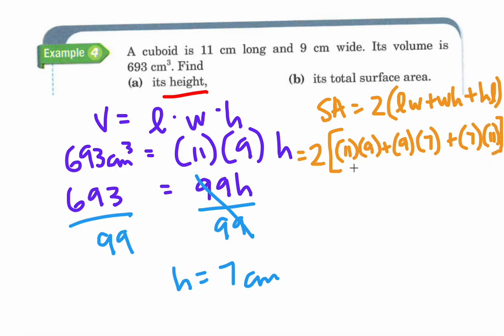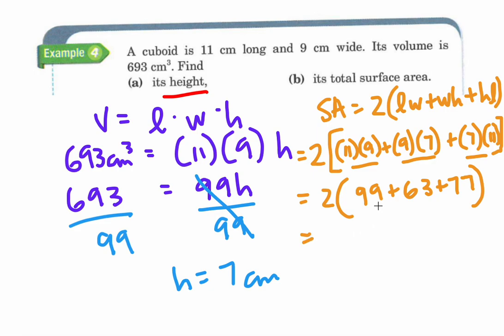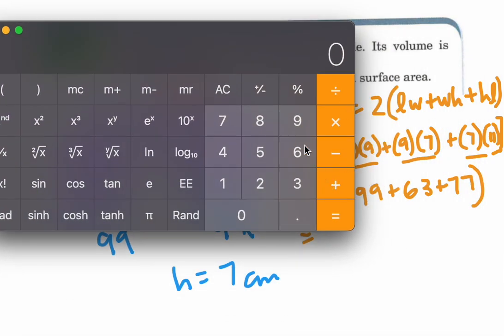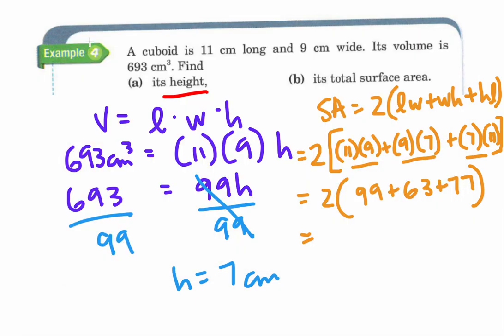All that, these pairs are going to be multiplied together first. So that's 99 plus 63 plus 77. I have to do what's inside the parentheses first. So add those together. 99 plus 63 plus 77 is 239.